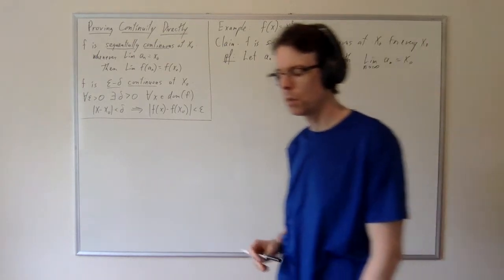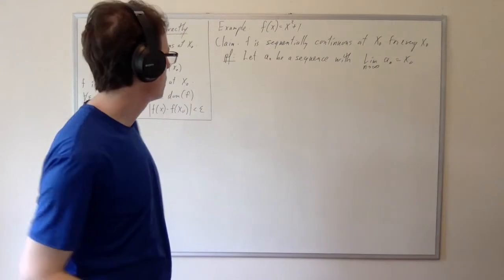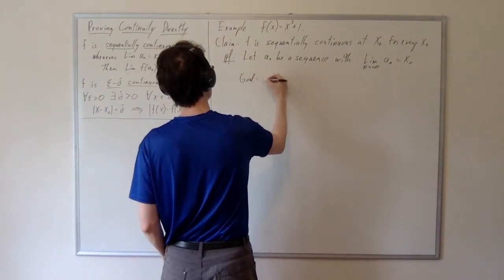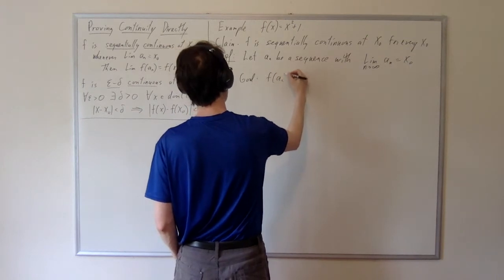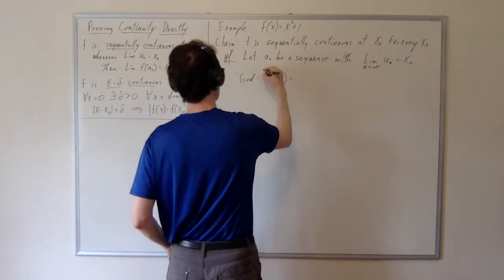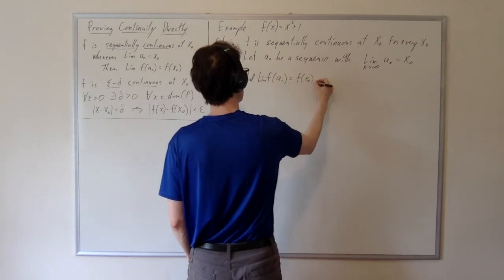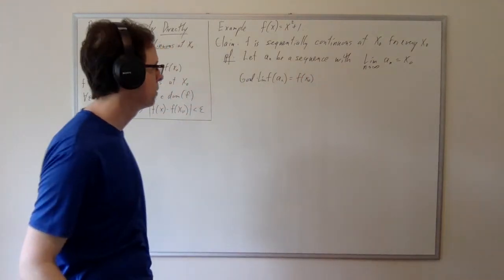Now, what do we want to show? The goal here is to demonstrate that the limit of f of an is equal to f of x naught. So we need to calculate the limit of f of an.